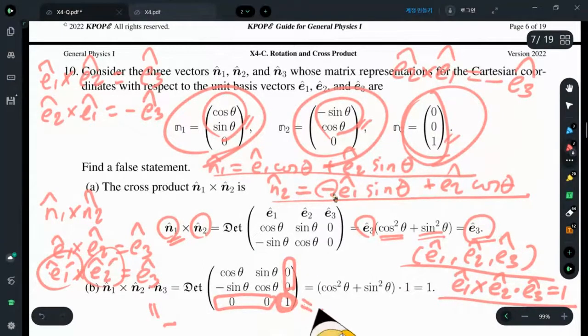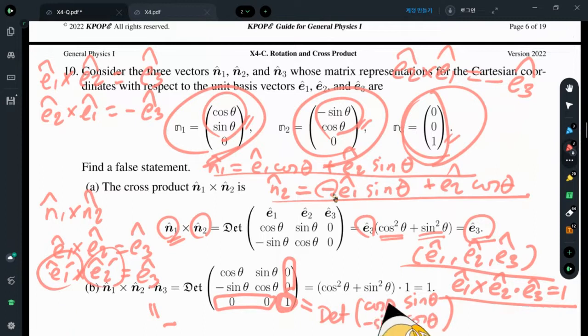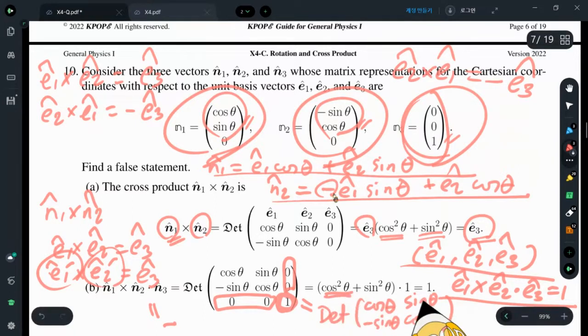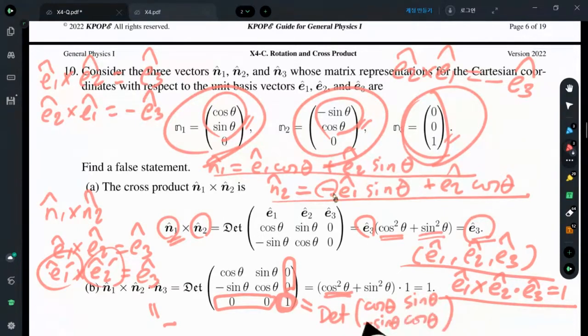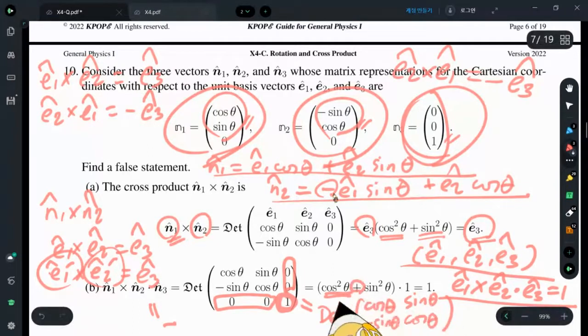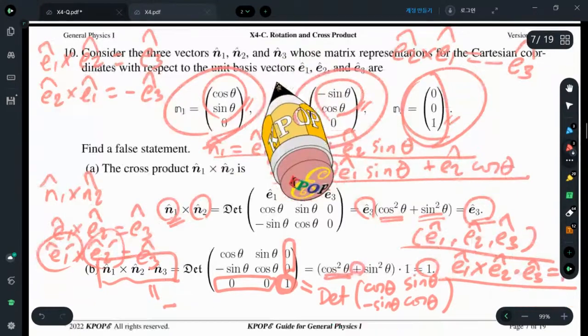This one is exactly the same as the determinant of the 2 by 2 cosine, sine, minus sine, cosine. And the determinant of this 2 by 2 is cosine squared minus minus plus sine squared. So it is 1. Still, the triple scalar product is exactly 1.